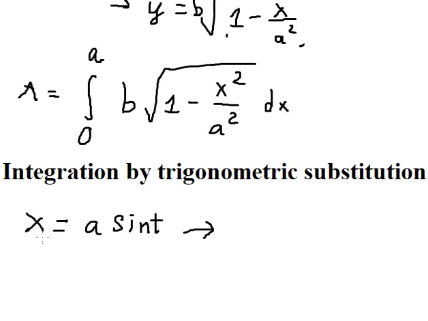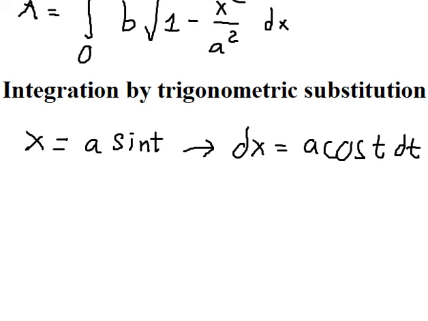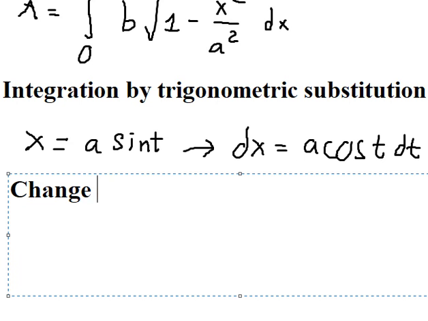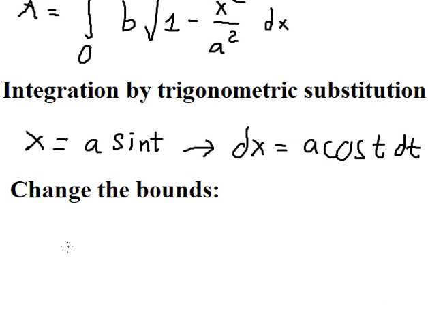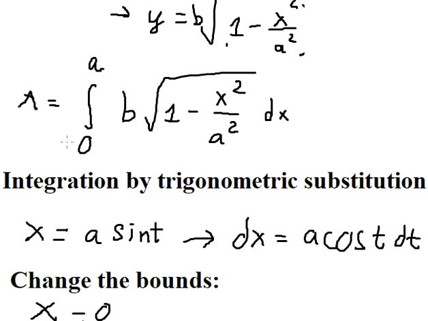Next, we first take the derivative of both sides, and we have dx equals a cosine t dt. Next, we need to change the bounds. When x equals number 0, we put number 0 in here, and we can find the value of t.